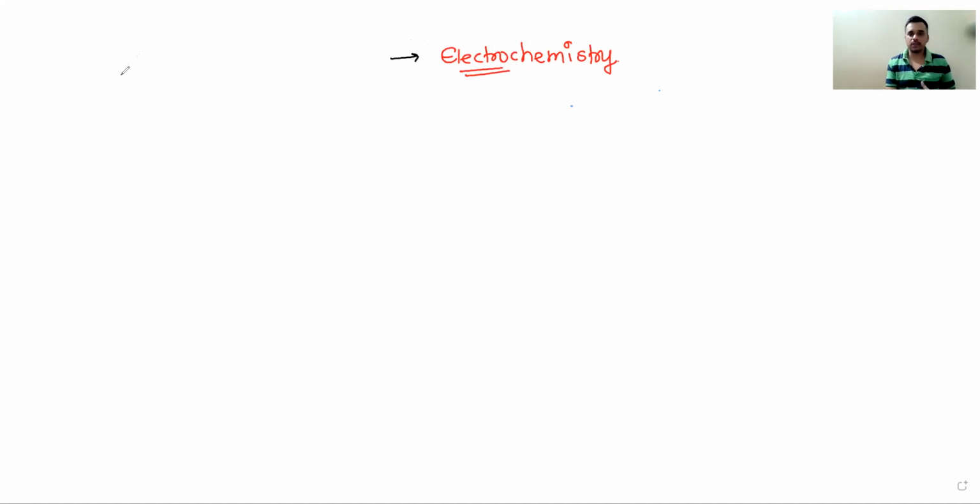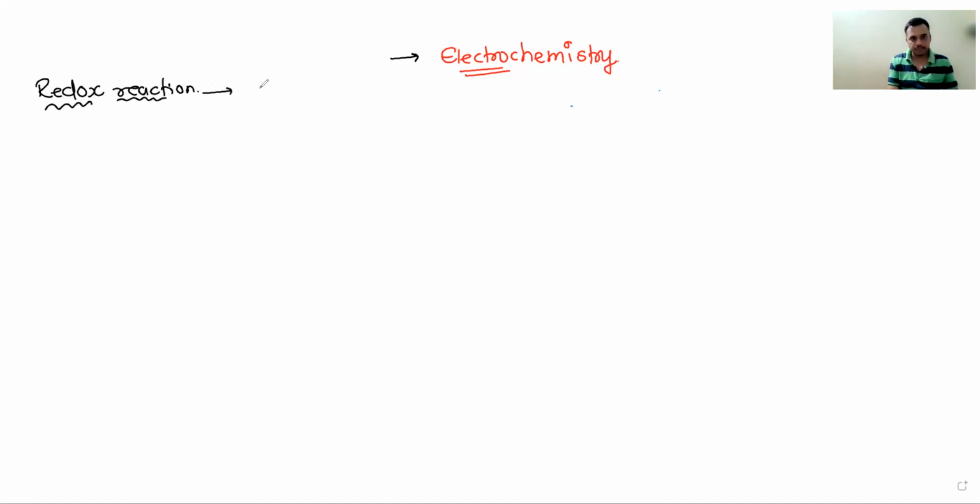Whenever we start studying electrochemistry, we should know the basic terminology like redox reaction and the thermodynamics parts that we have to keep in mind. So what is exactly the meaning of a redox reaction? That we have to see. These are the basics that we are going to require in this particular chapter.